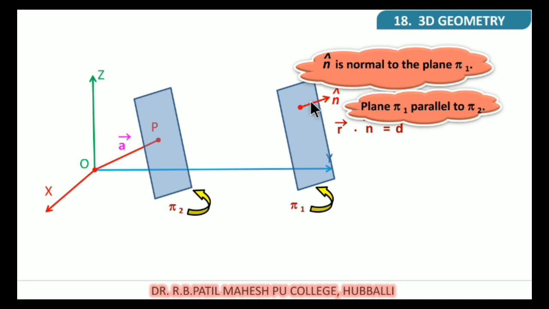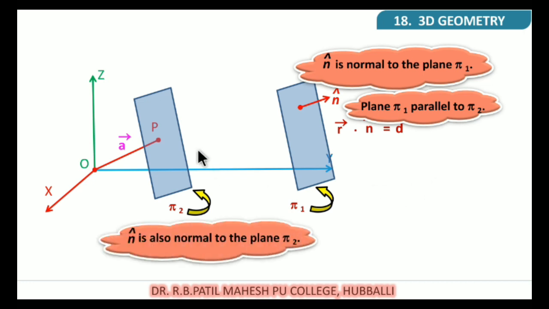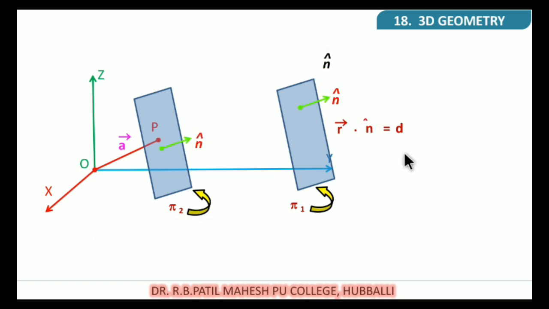Pi 1 is parallel to pi 2, so both are parallel to each other. Therefore, n cap is also the unit normal to the plane pi 2. Right. So, here we can take the same normal vector because both are parallel planes.